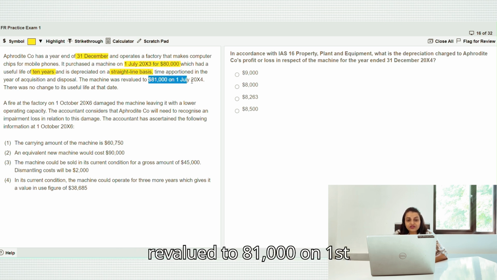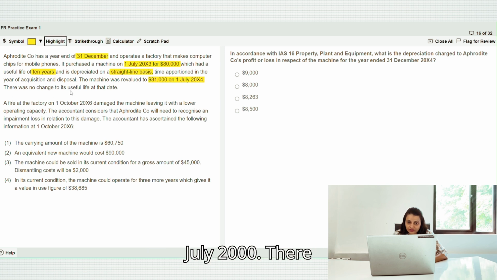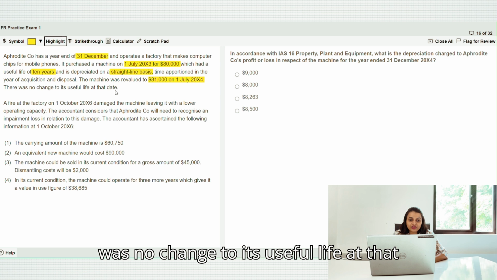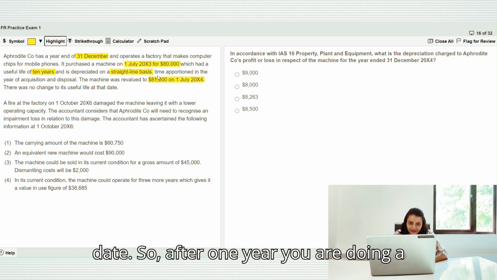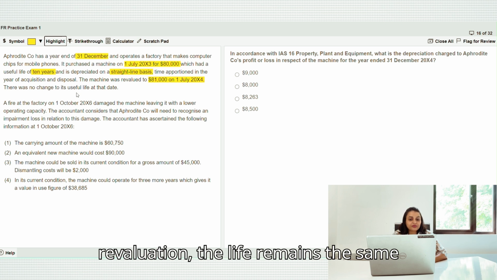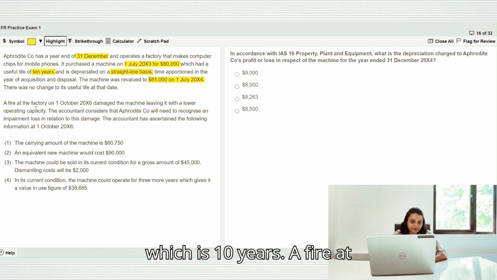The machinery was revalued to $81,000 on 1st July 2014. There was no change to its useful life at that date. So after 1 year, you are doing a revaluation. The life remains the same, which is 10 years.